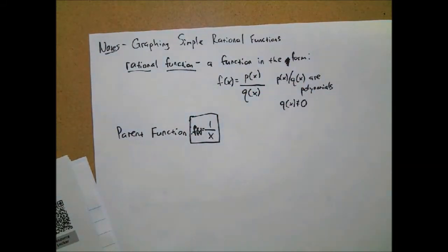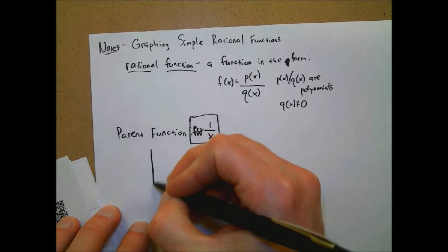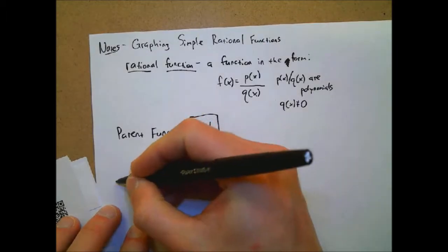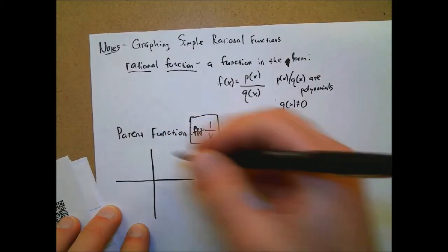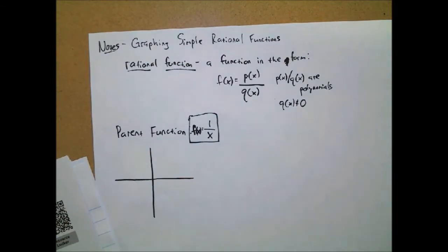So again, I'll sketch out my little sketch here for this function. Again, you can use a table of values here. You can use your graphing calculator and stuff like that.